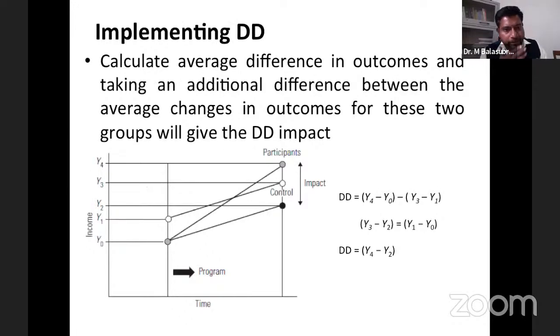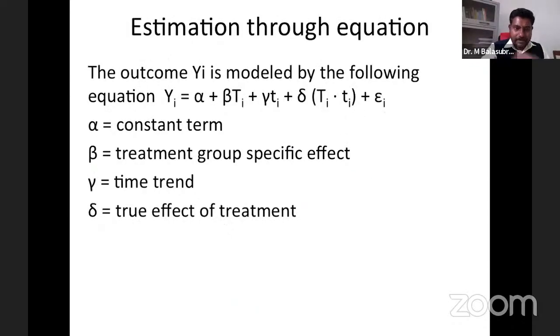If you are taking this sample, considering Y0 and Y1, this is your participant, this is your control, and some kind of permanent difference is there. That is observed in the characteristics themselves. This is not because of any technological intervention. This difference is already existing. That is the beta, the treatment group specific effect. It may be lower or it may be higher, whatever it is.